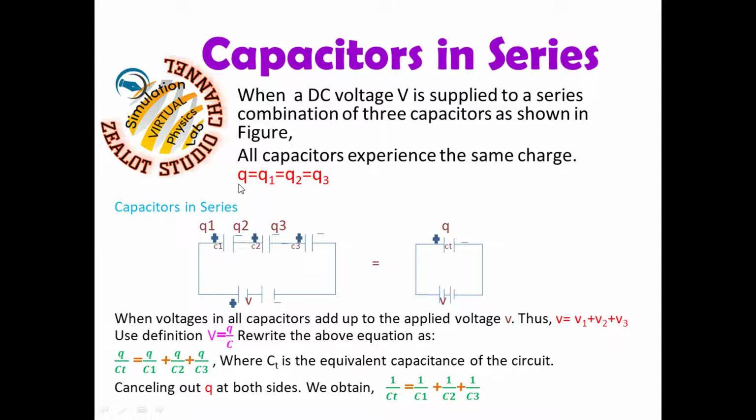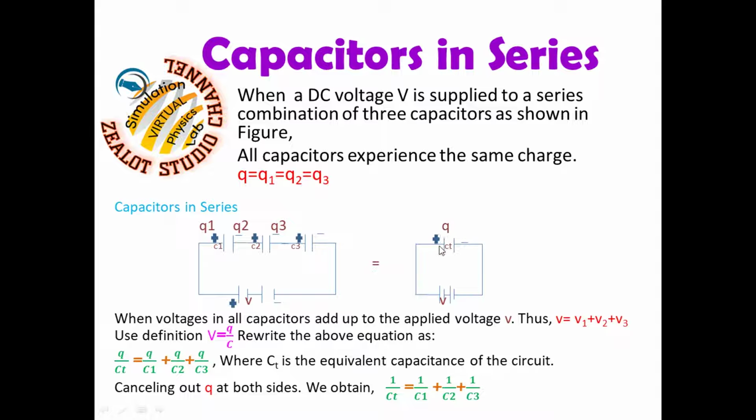In series, all capacitors experience the same charge, which is Q1 equivalent to Q, Q2 equivalent to Q, and Q3 equivalent to Q. So capacitor 1, capacitor 2 and capacitor 3 store the same charge. Here the equivalent charge is Q.